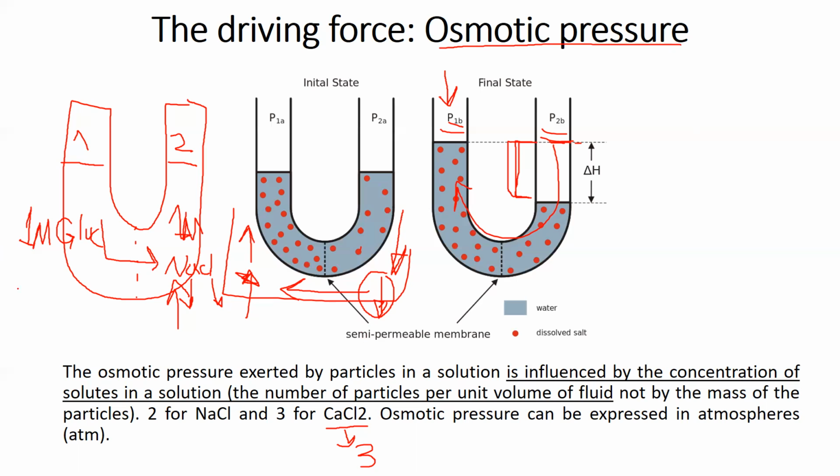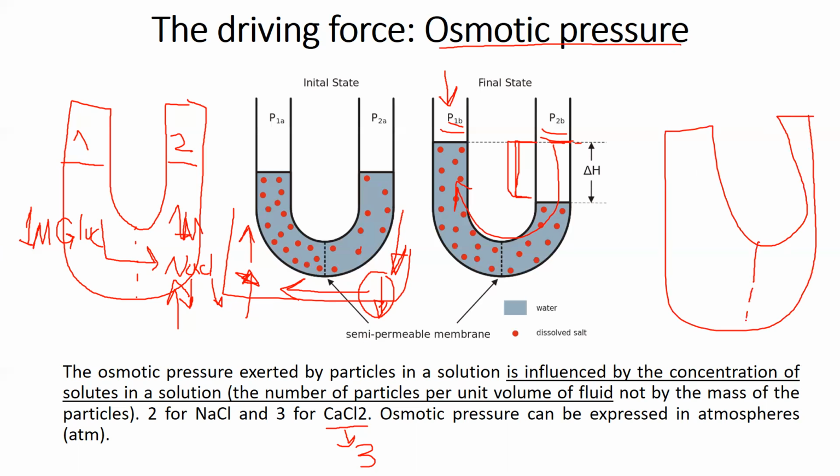And so, for example, let's say here we have 2 tubes with a selective barrier. Here I have 1 molar of sodium chloride, and here I have 1 molar of calcium chloride, okay?